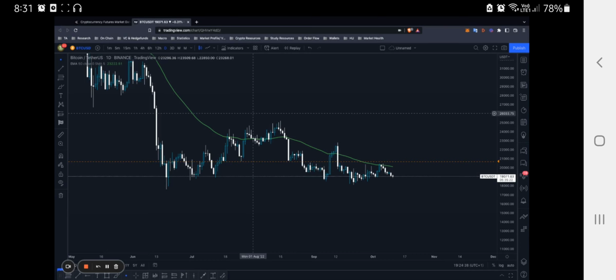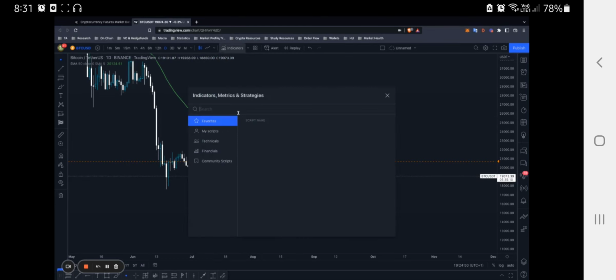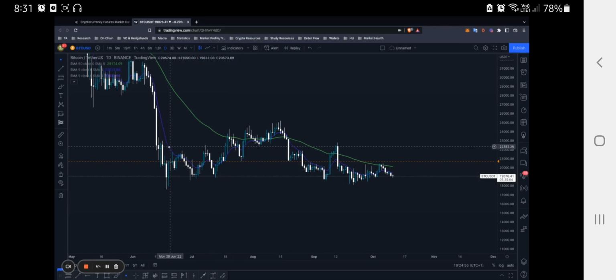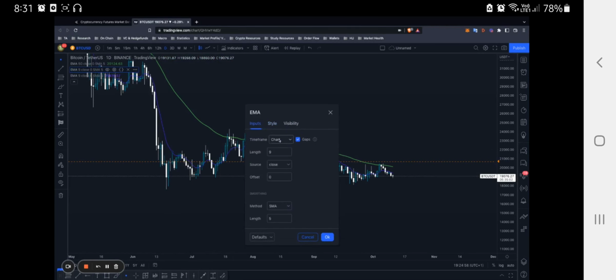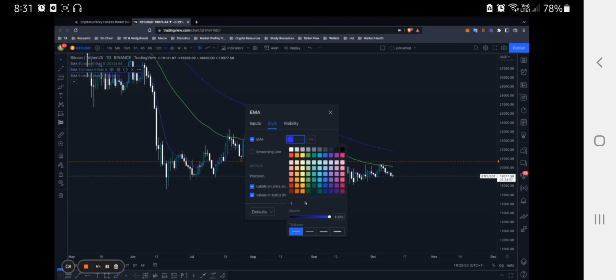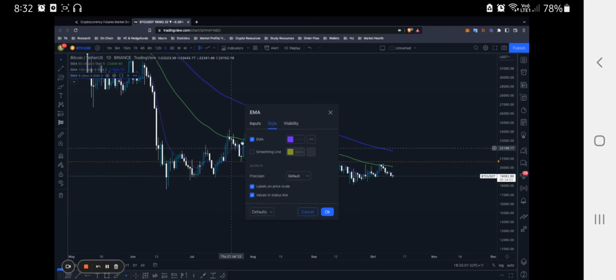I don't go too complex with moving averages. Again, as I preach with all indicators, simplicity is key. So if you want to look for a very simple combination, have your 50, 100, and your 200. And people might get confused or wonder why those?